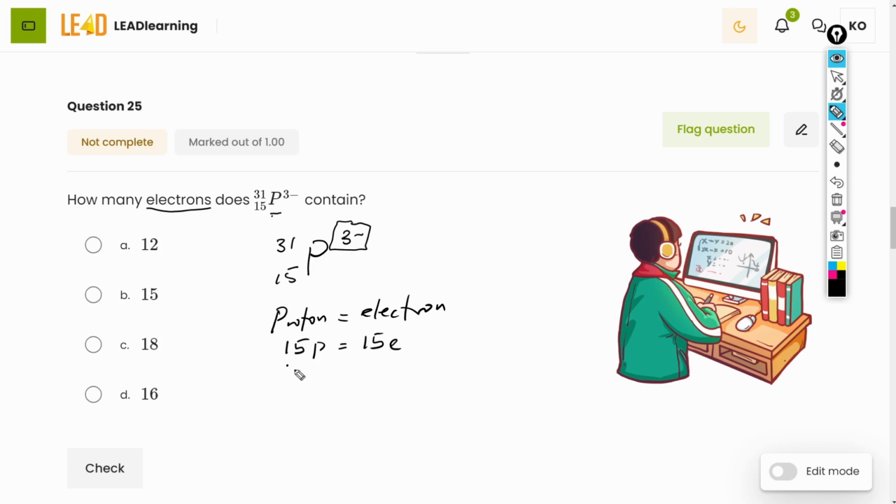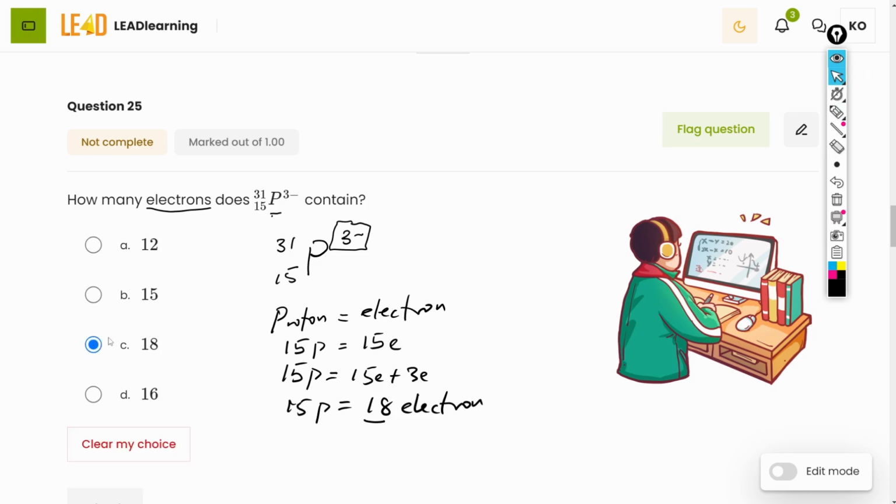So we have 15 protons as against 15 electrons plus the 3 gained electrons. That gives us 15 protons against 18 electrons. That means the phosphide ion contains 18 electrons. Therefore our correct answer is 18 electrons.